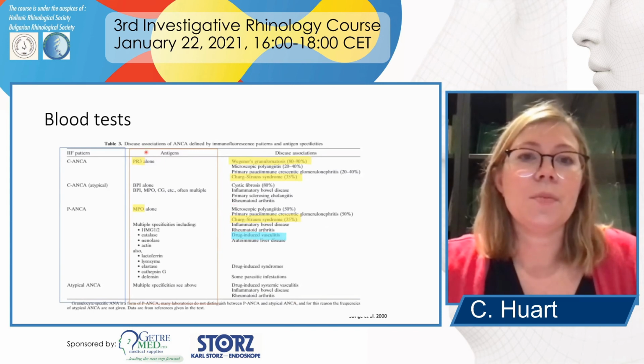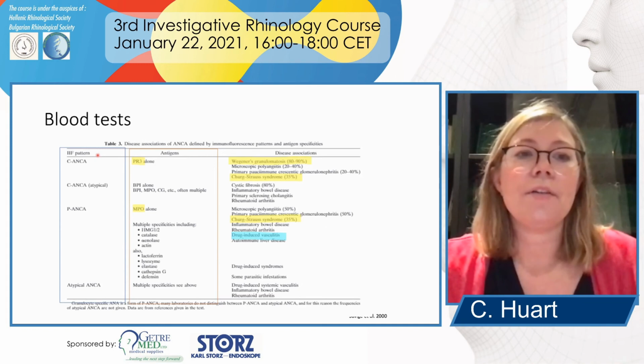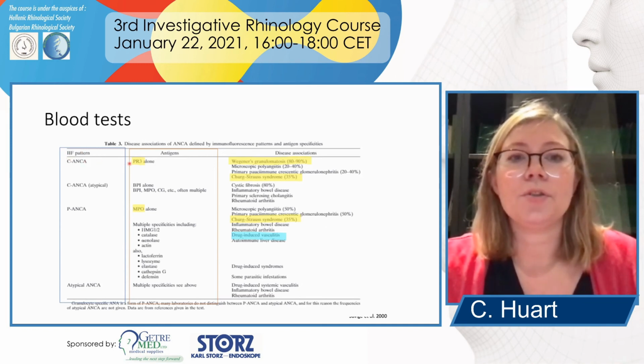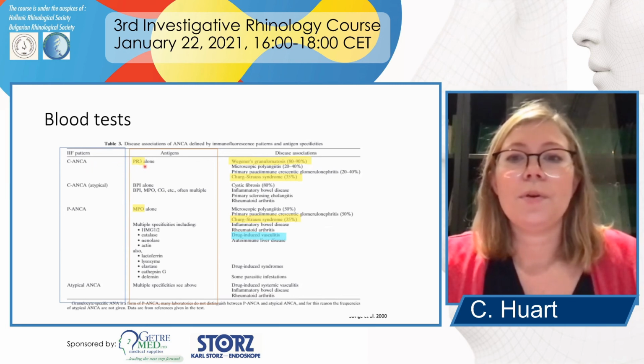Just a few words about the serology with ANCA. You see that based on ANCA, it's possible to have a diagnosis of Wegener granulomatosis in 80 to 90%. So usually in Wegener, you have positive C-ANCA that targets the PR3 antigen. This pattern may also be found in patients with Churg-Strauss syndrome.